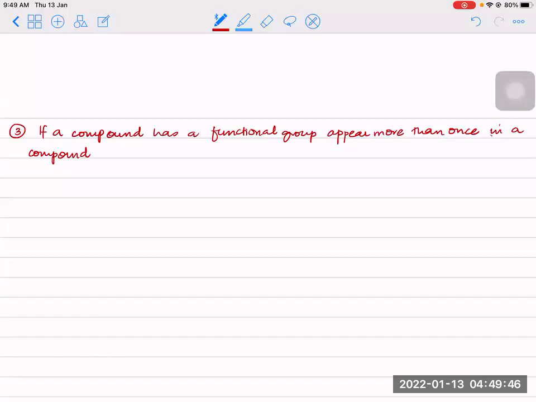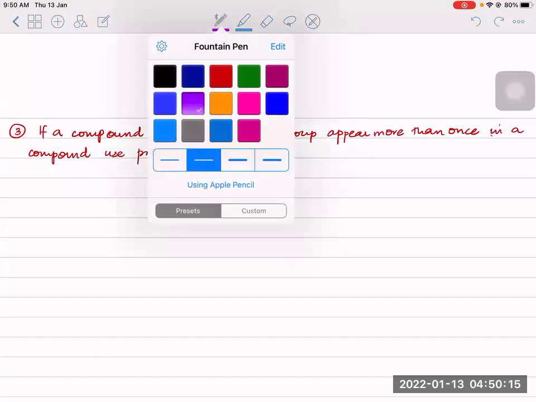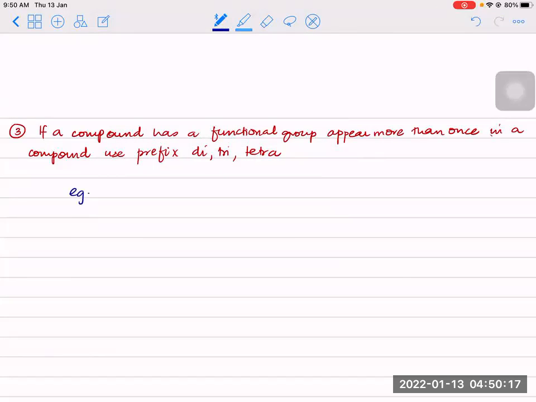So if you have a functional group appear more than once in a compound, we use the prefix di, tri, tetra. So di means 2, tri means 3, tetra means 4. So if something appears more than once, you use the prefix di, tri, tetra. For example, you have this.